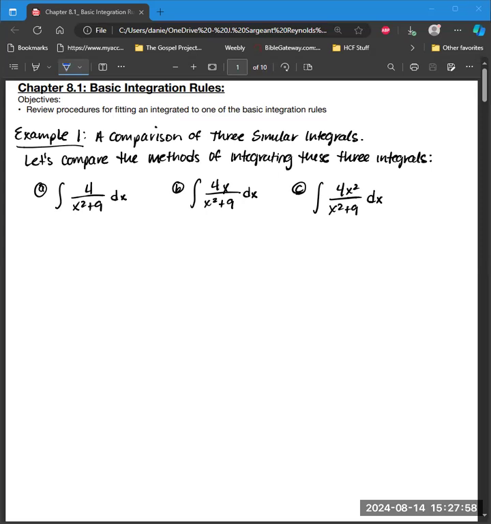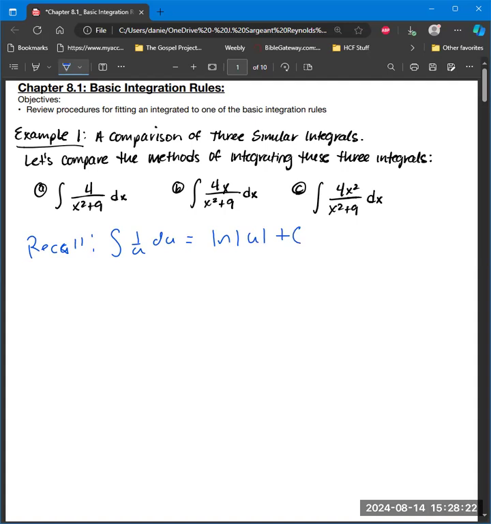So let's compare the methods of integrating these three integrals. Recall first that the integral of 1 over u du is equal to ln of the absolute value of u plus c. That's one of our techniques that we learned in chapter 5.